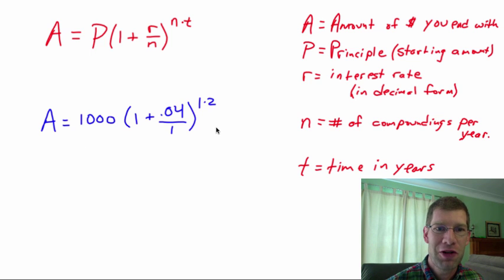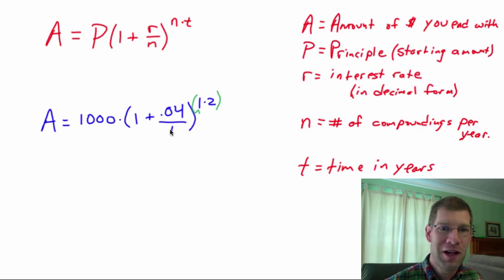And if you take that and punch it into your calculator, you can do it exactly how it's written. Just do 1,000 times parentheses 1 plus 0.04 divided by 1 and your parentheses. Oh, you do need to put your parentheses up here. I used to put parentheses there in the equation, so I'm in the habit of saying exactly how it's written. But you need to force it to do the multiplication in the exponent.